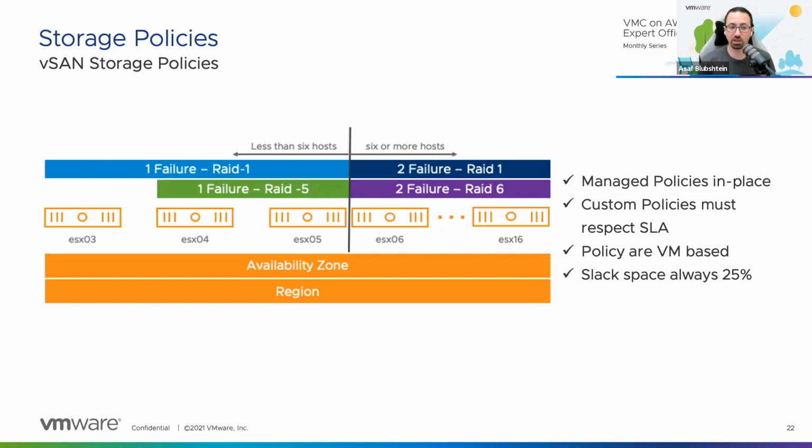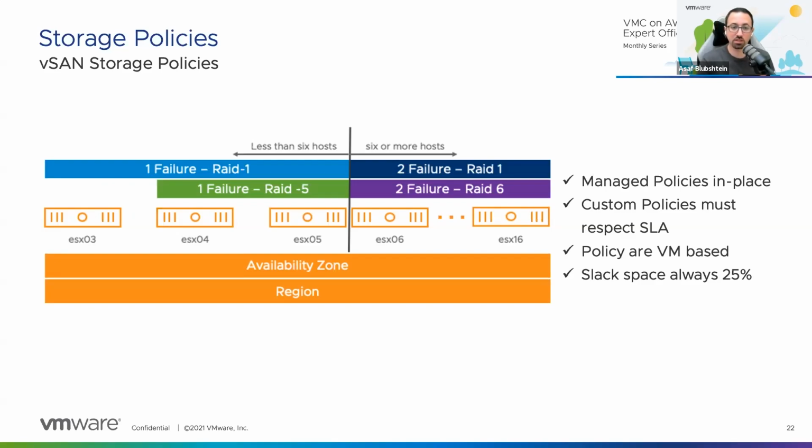So that means that once we have one failure, we'll be able to recover from that. And by default, the policy will have it as RAID 1. However, if you have the minimum number of hosts, which is 4, you can configure your own RAID 5, and it will be compliant.